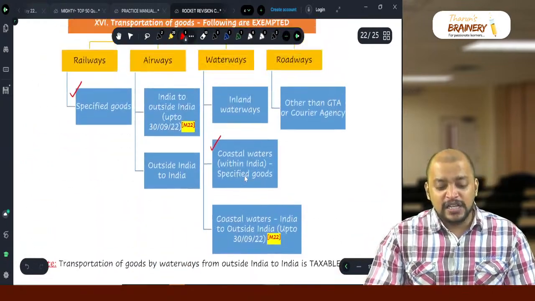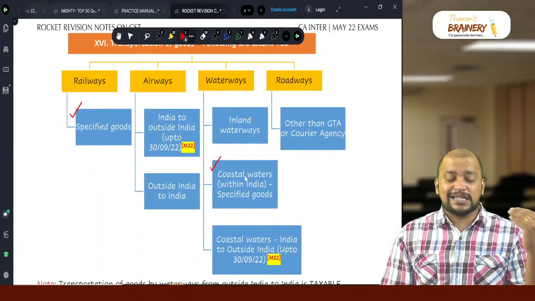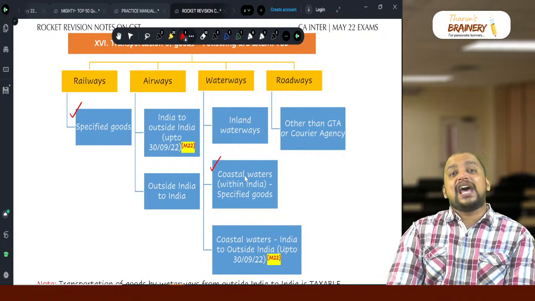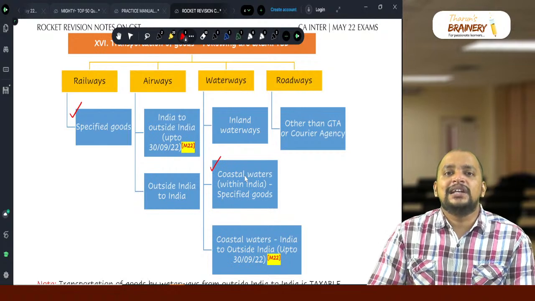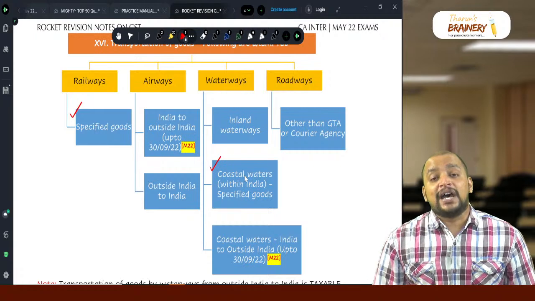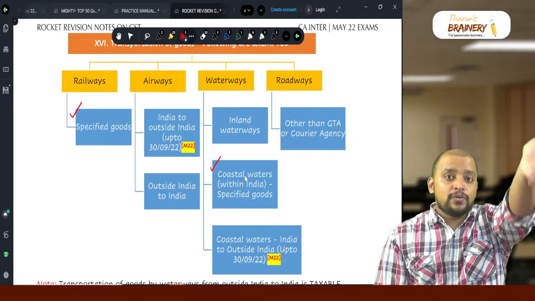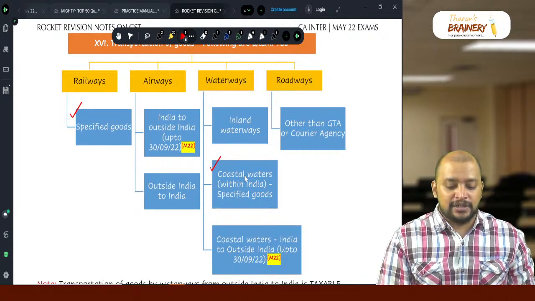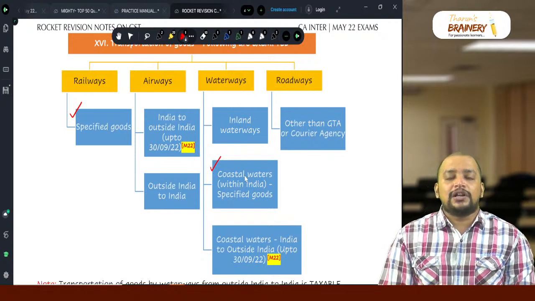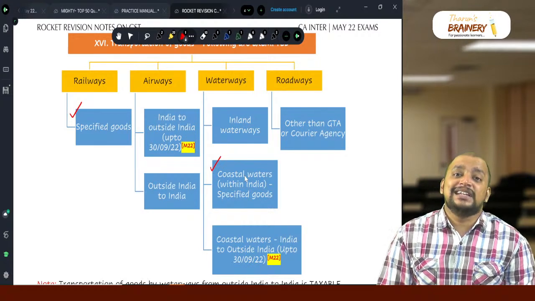So now, these specified goods transported by railways is exempted. In case of airways within India, we don't have any exemption. But India to outside India or outside India to India, both are exempted. Then when it comes to waterways, inland waters is exempted.